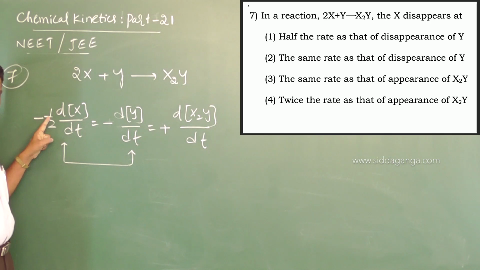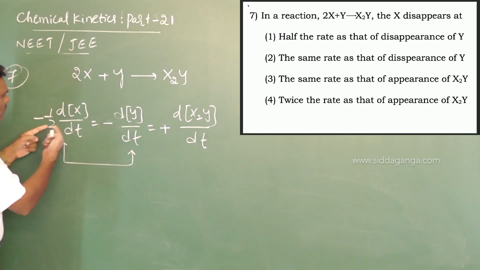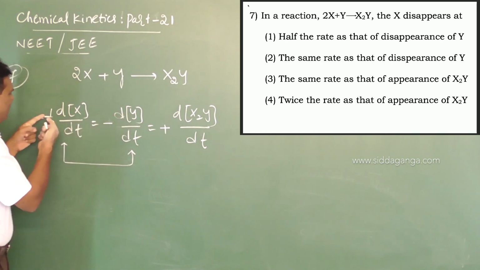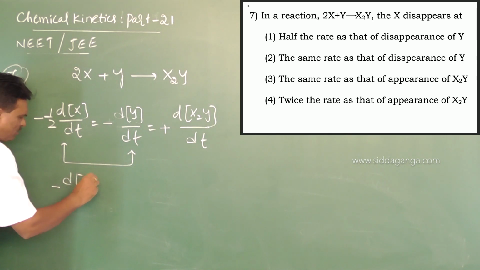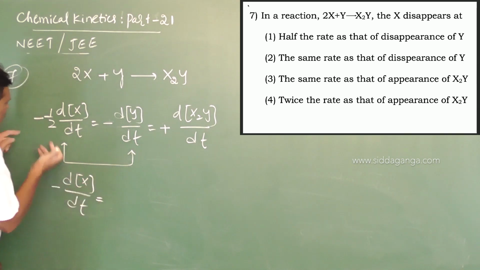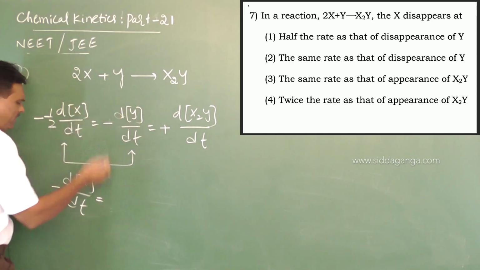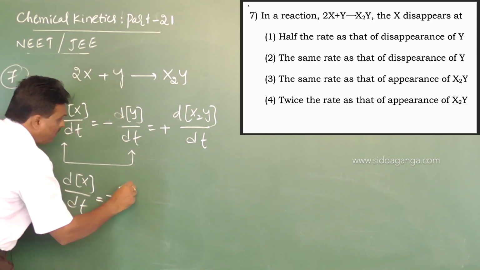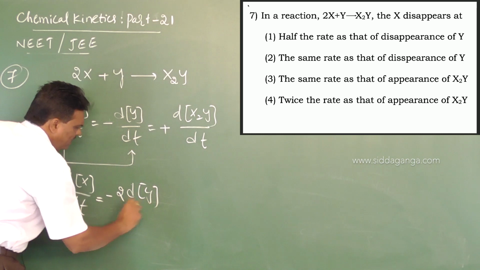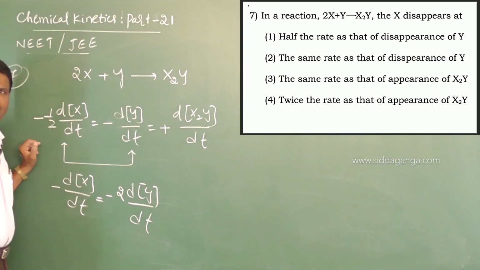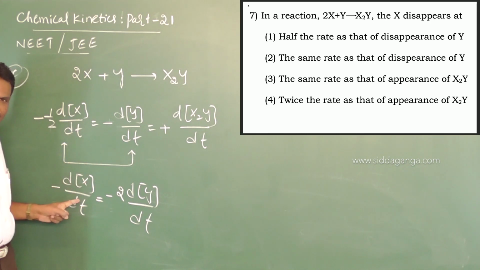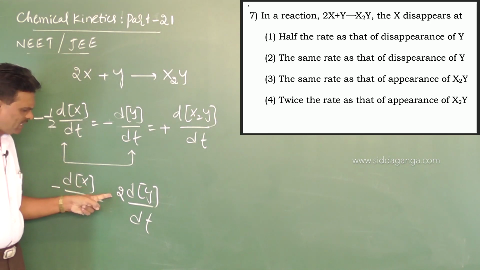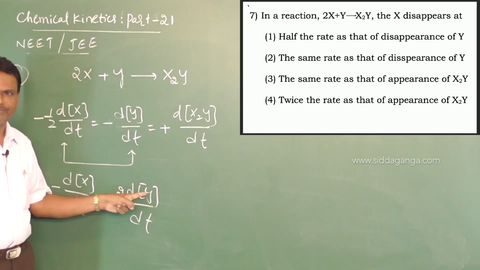First option is half the rate as that of disappearance of y. That is wrong. Rate of disappearance of x: if we take the 2 to this side, minus dx by dt is equal to 2 comes to the numerator, so minus 2 into dy by dt. The statement should be that the rate of disappearance of x is twice the rate of disappearance of y.